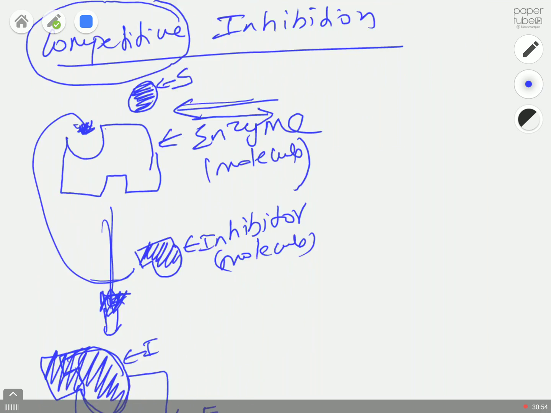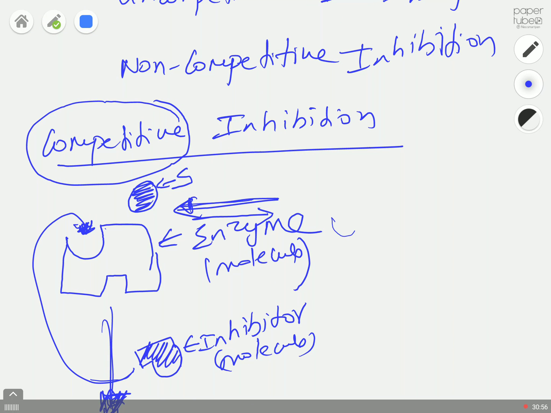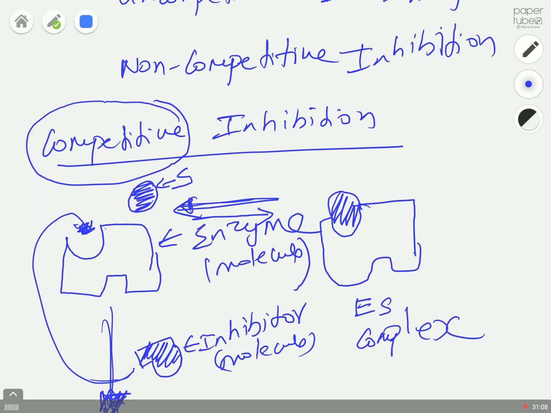The remaining enzymes will form the enzyme substrate complex. And you all know this one goes into enzyme plus products from the Michaelis-Menten kinetics.